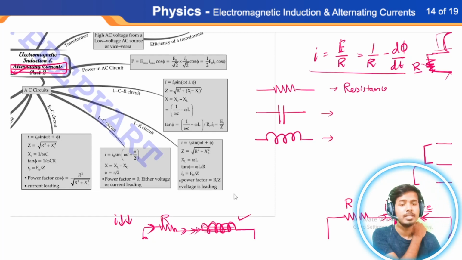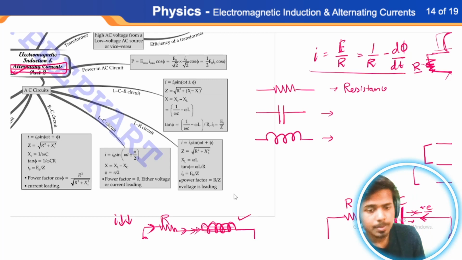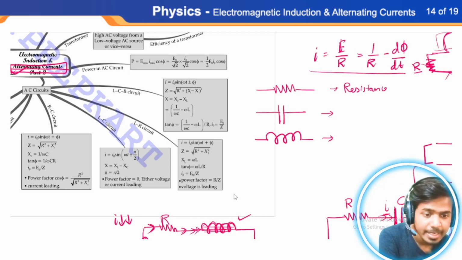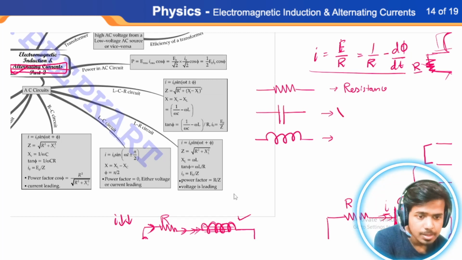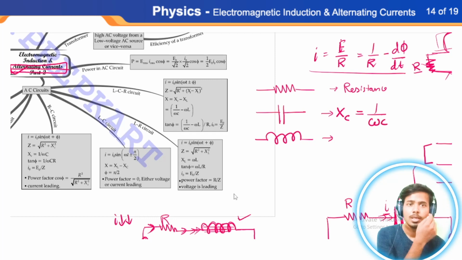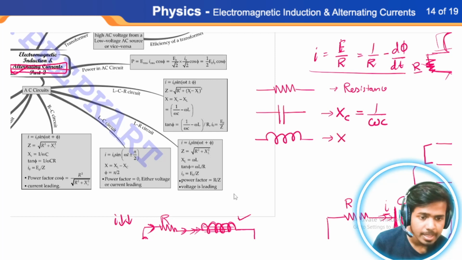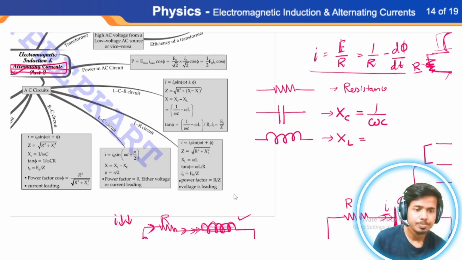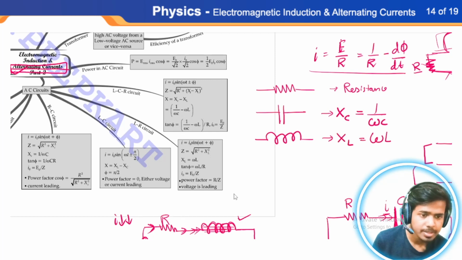But how do we find the effect of these on the current? That will be represented by a term called reactance X. X_C is equal to 1 by omega C, where omega is the angular frequency of the alternating source, and X_L is equal to omega L. This you have to remember.